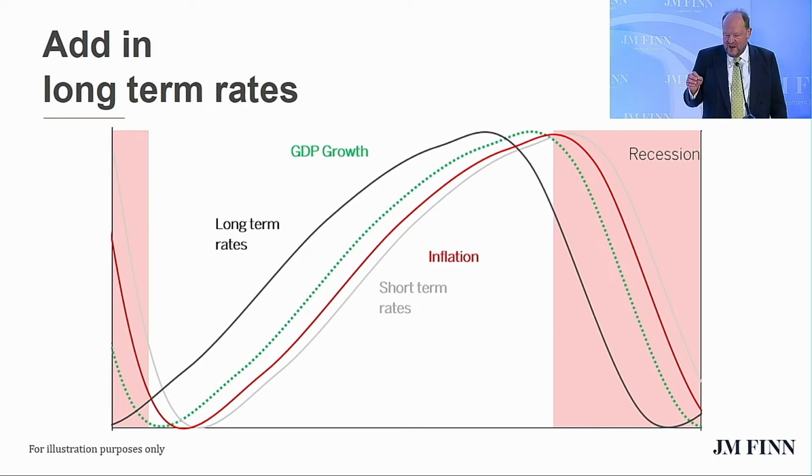As you come out of a recession, investors will start to anticipate the turn in growth, and they'll price long-term bonds so that the long-term interest rate is above the short-term interest rate. What they're already saying is we expect short-term interest rates to go up.